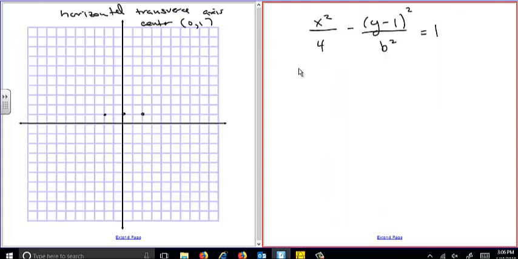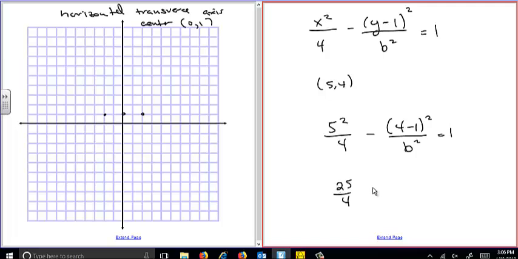So all you have to do is plug 5 in for x and 4 in for y, and the only thing we don't know is b squared. So we get 25 fourths minus 9 over b squared, because 4 minus 1 is 3, and 3 squared is 9, equals 1.